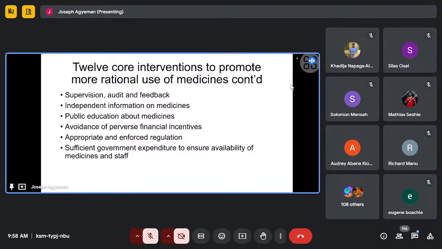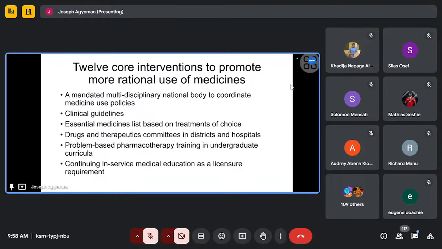There should be, not that there is. It's not everything that you are seeing there that we have. This is the ideal thing. For example, as I said, we are supposed to have clinical audits, which in Ghana is not a common thing. We don't do. But ideally, we are supposed to have a national body that should be in charge of developing policies when it comes to drug.